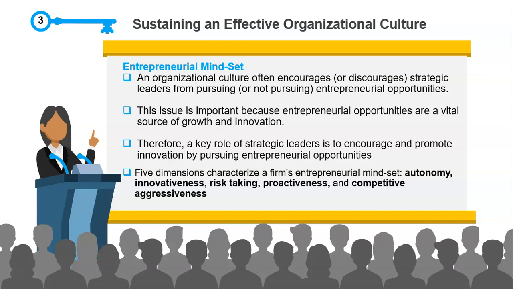So five dimensions characterize a firm's entrepreneurial mindset. We have autonomy, so people need to have the autonomy to make certain decisions. And then innovativeness, risk-taking, and proactiveness. They have to have some kind of culture where people know that they can do these things. They can probably build a prototype of a particular product and bring it to the board or the management team, and it is taken into consideration.